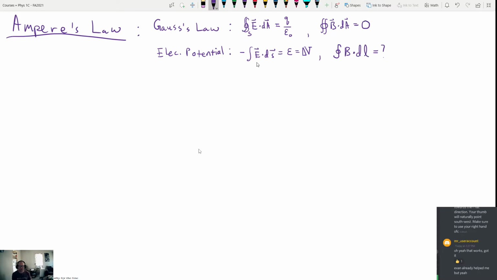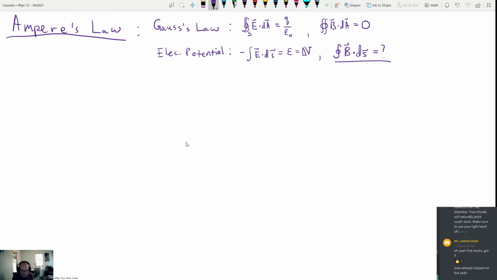So when you do E dot ds, you get this thing called EMF. What do you get when you do B dot ds? To keep it consistent here, we'll call this one also ds, although your book likes to use dl. They mean the same thing though. It's just an arc length, right? Okay. So Ampere's law is about this. What is this equal to, right?